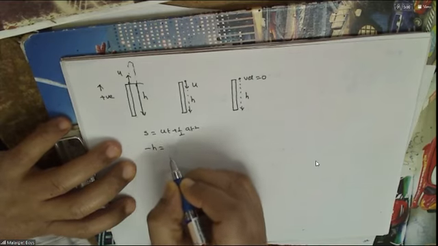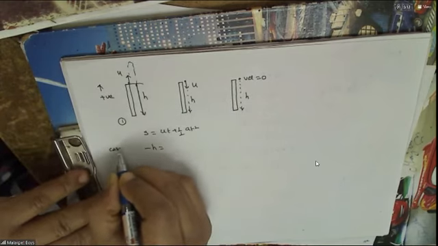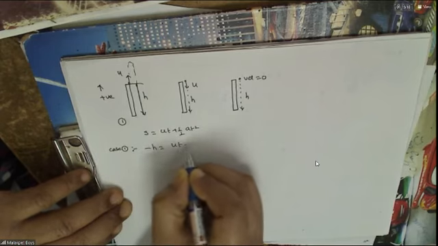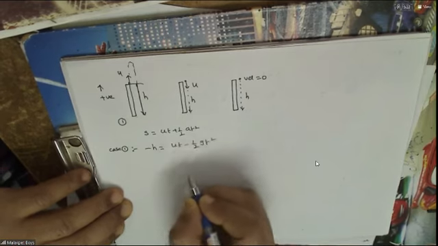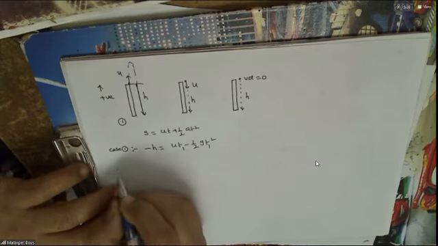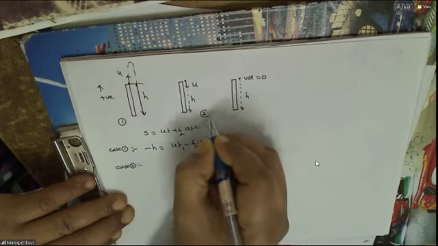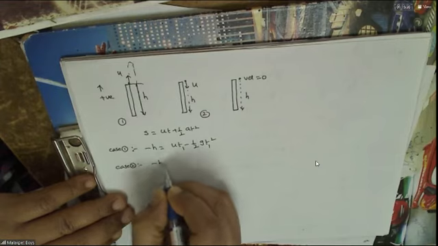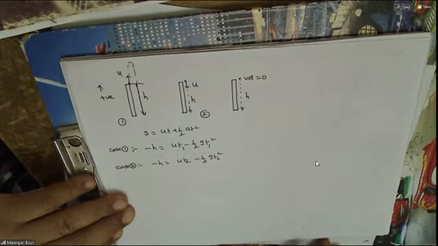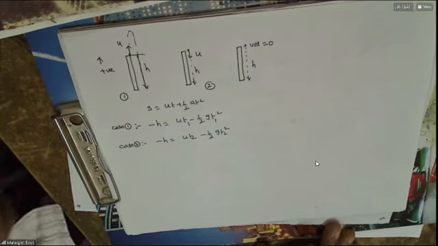First case, what you have? Case 1, UT, he says time is T1. Agreed. Second case, you have time T2.